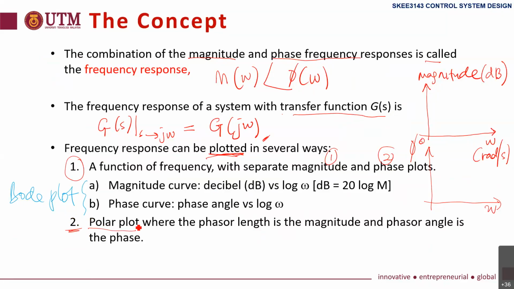The polar plot is the phasor length, M and phi. M is the length. The magnitude is represented by the length, and phi is the phasor angle.